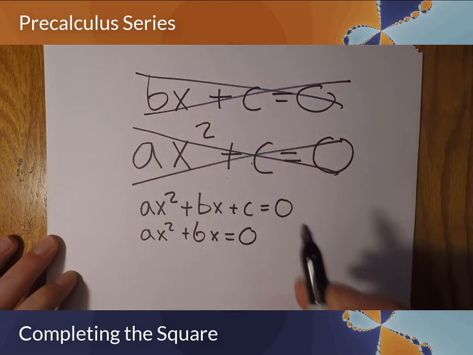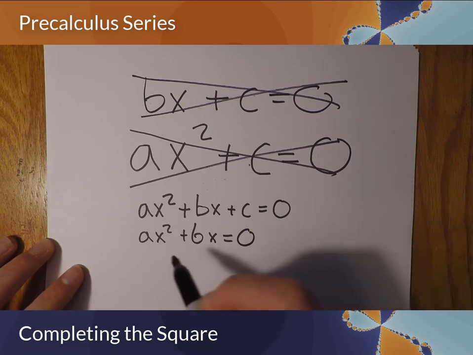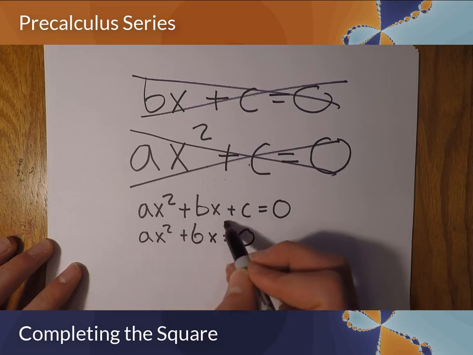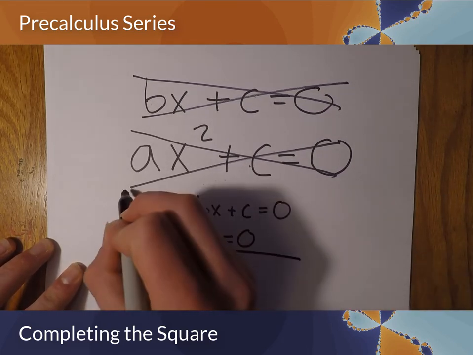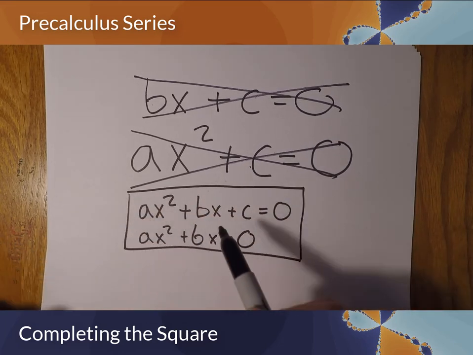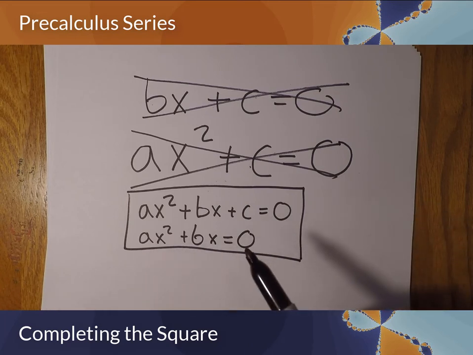Using the method of completing the square is a big no-no in these cases. You have to have an ax squared component and a bx component. So these two right down here are the only two ways a quadratic equation can look if you want to use the method of completing the square.